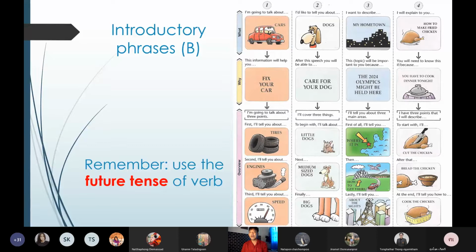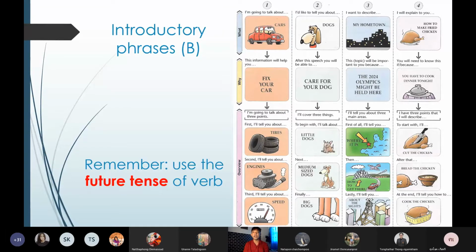I will explain to you how to make fried chicken. So in this row, you could see what, meaning your topic. You could say, I'm going to, I'd like to, I want to, I will explain to you. You could use any of those to add to your greeting and to your introduction of yourselves.